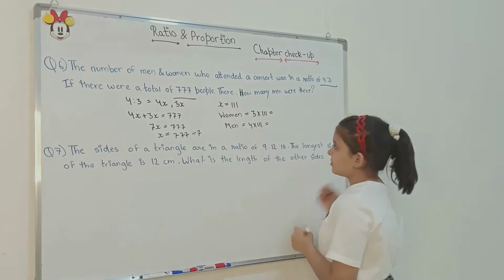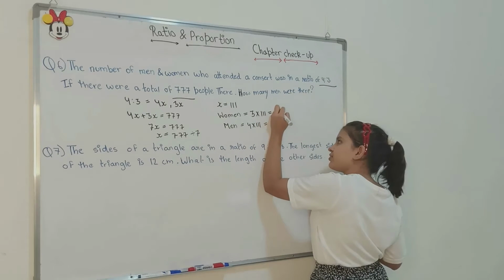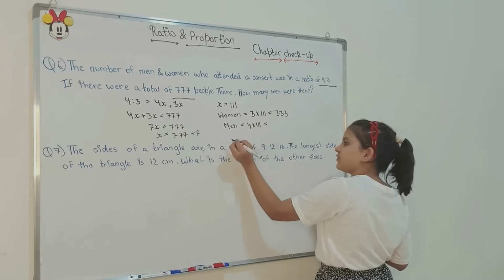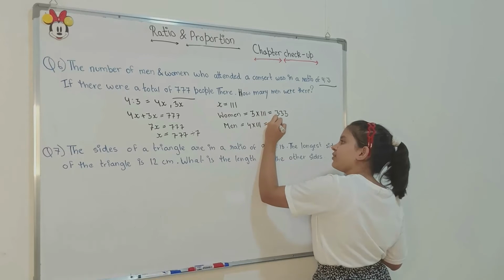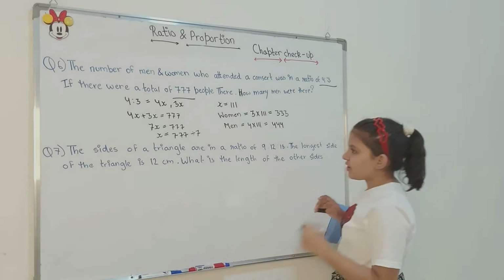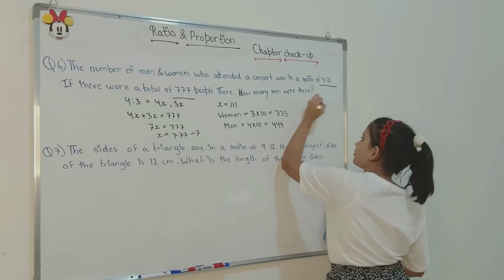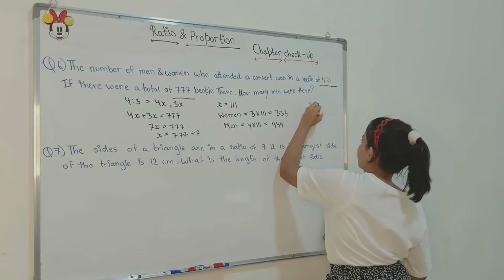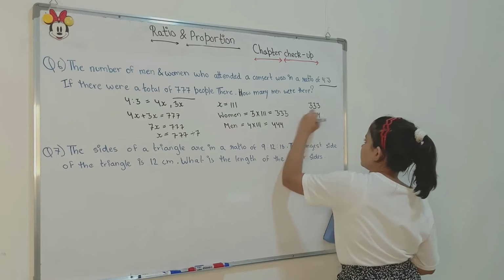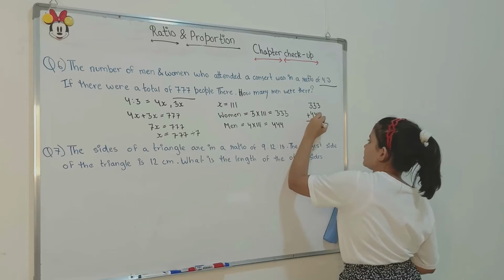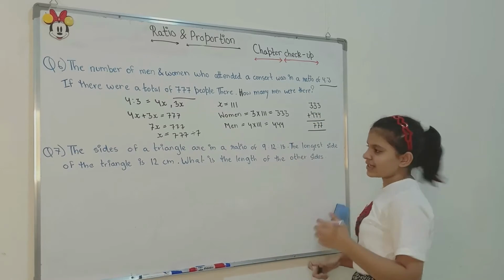So first when we multiply them, we'll get 333. Then we'll multiply to get 444. Now again, to check our answer is correct, we would add them. So 333 plus 444, we'll get 777. So our answer is correct.